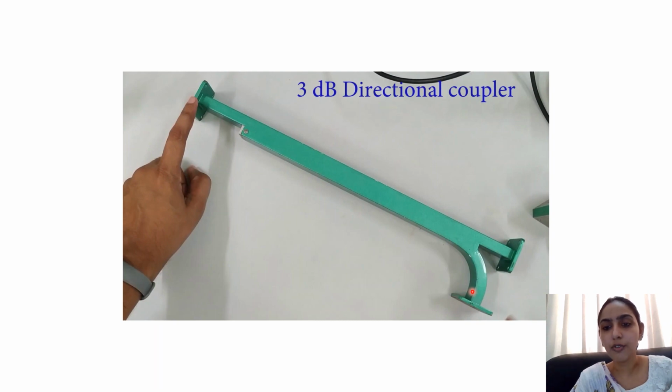If we have to find the insertion factor, the power has to be considered between this input port and the throw port. So this indicates the insertion factor, this indicates the coupling factor, and the isolation factor will be given by the input power and the power from this isolated port. So the powers from these two we have to consider for the isolation factor.